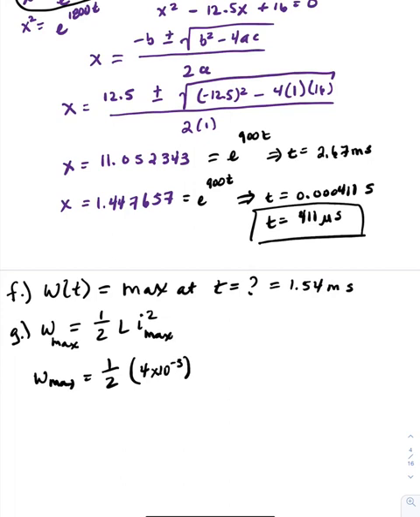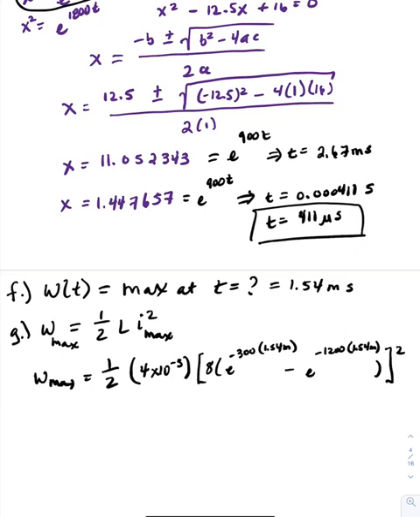So i is 8 times e to the minus 300 t, which is 1.54 milli, minus e to the minus 1200 times 1.54 milli. And this will be squared.